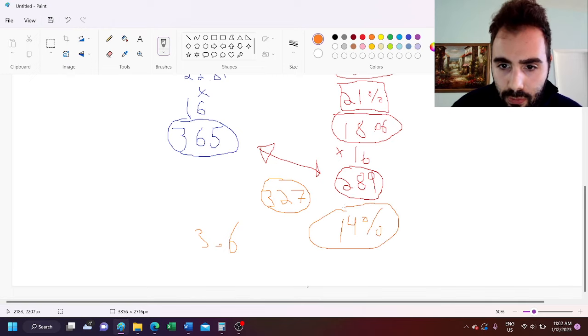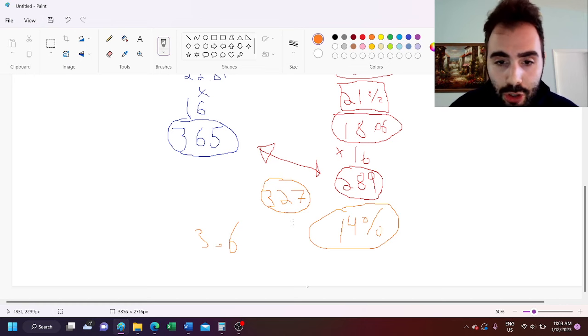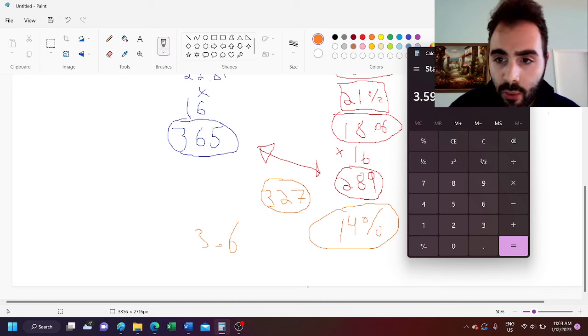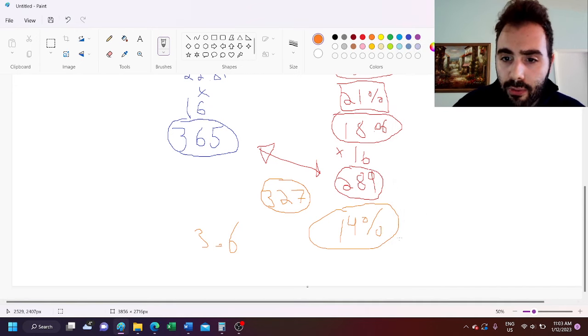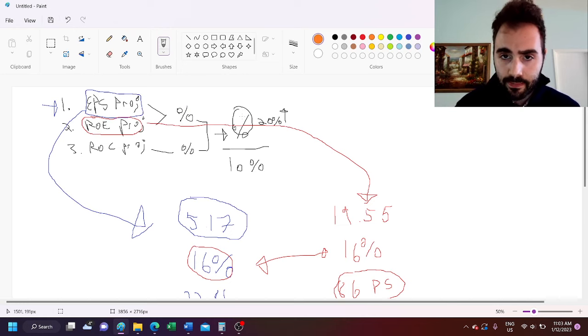So if these two models triangulated give us a good estimate of a future price of $327 per share, and Google is currently trading at $91 per share, then our rate of return would be 14% per year on this investment, using only these two models.